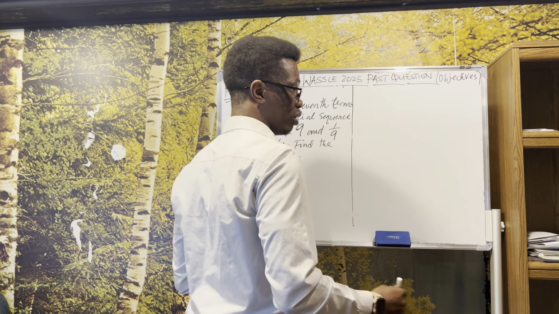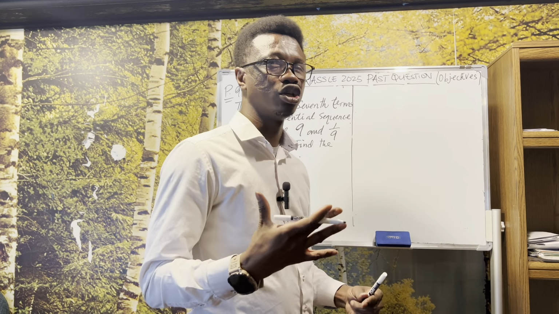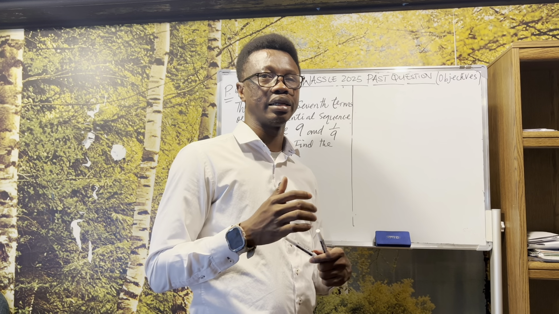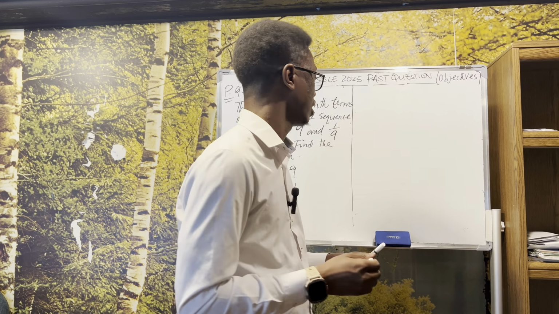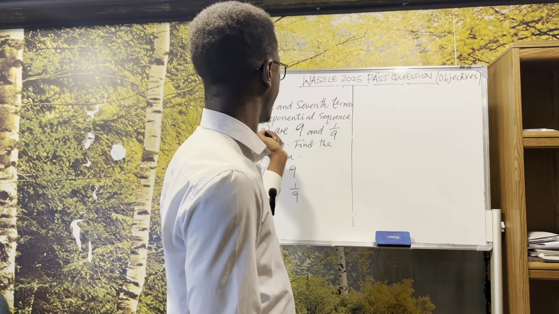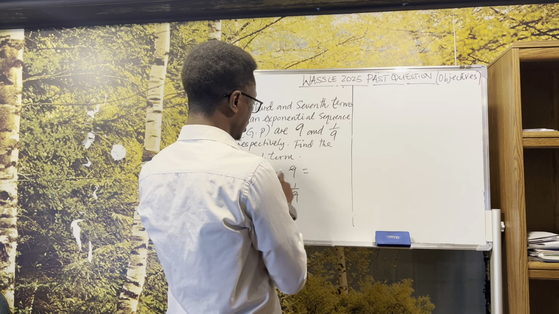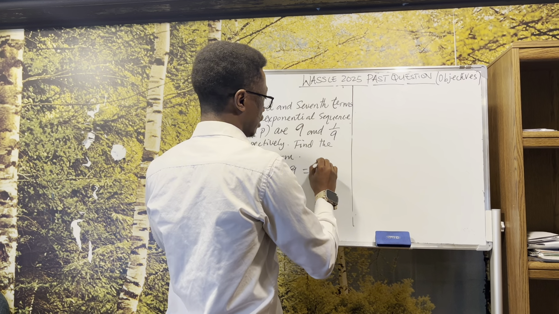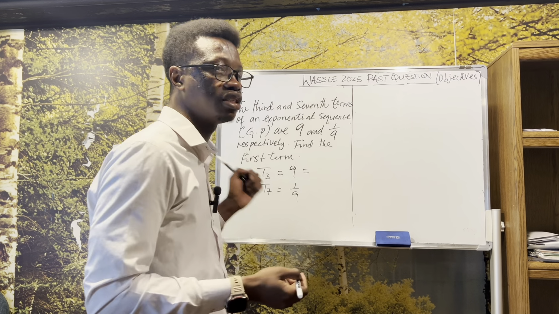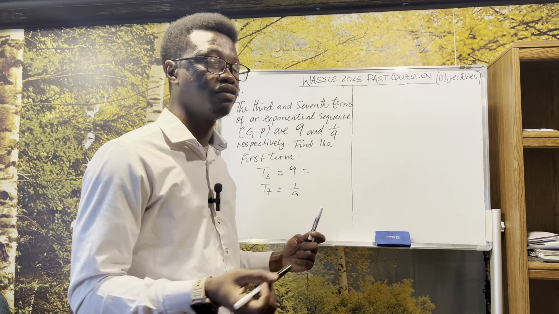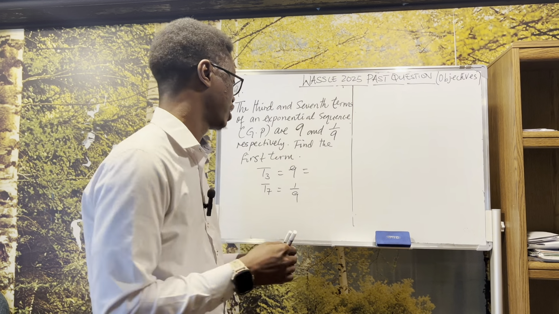Now, for you to solve this problem, you need to know the representation of a term in a GP series, when we have an exponential sequence. We have a general formula for the nth term of any exponential sequence. If this was arithmetic, that's different.